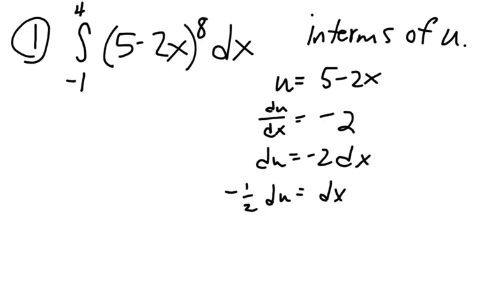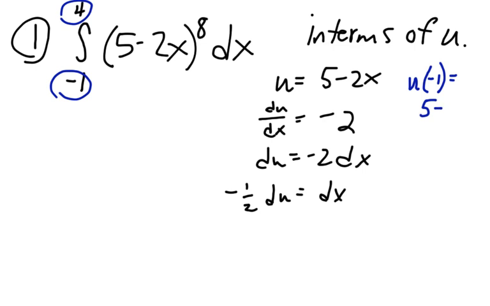Normally, now we just go in and put in our u substitution. Here's the thing that's different when we're doing it with a definite integral. Our limits, the -1 and the 4, are going to change also. So to change those, we're going to say, what is u of -1? That means I'm going to substitute -1 in for the x.